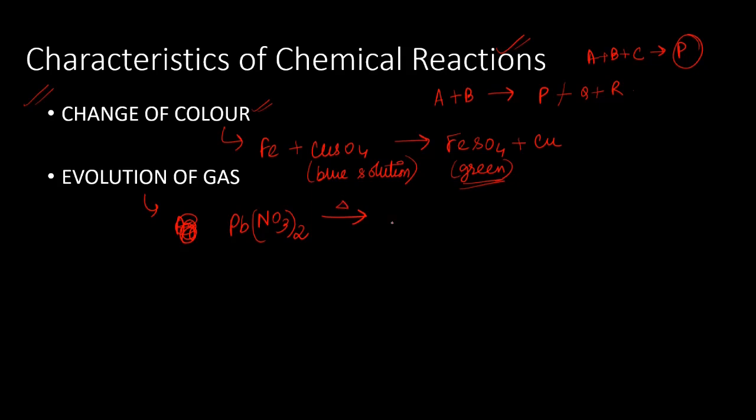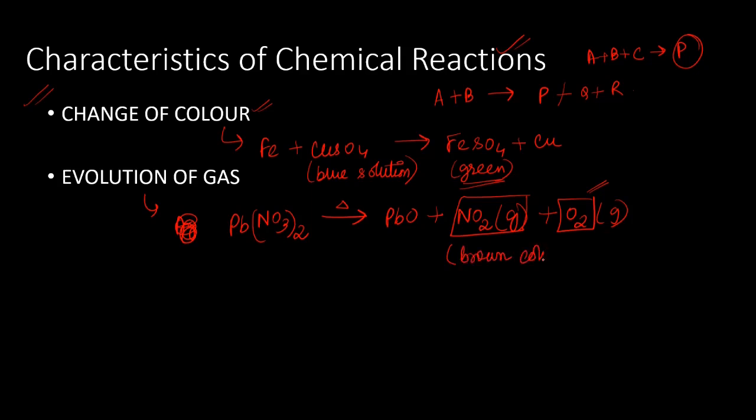This on heating will form PbO plus NO2 plus O2. NO2 is a gas, O2 is also a gas. This gas is colored. This gas is colorless. However, it has got some other characteristics. We can test that this gas is brown colored gas. That is another characteristic of this reaction.